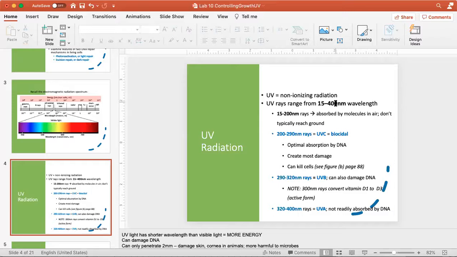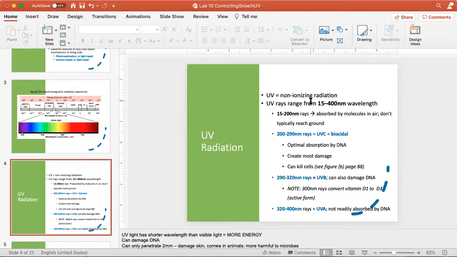Remember, nanometers. There are 1 million nanometers in a millimeter. So it's a very small wavelength. Remember, visible light starts at 400 and goes to 700. Ultraviolet is right below there, 15 to 400 nanometers in wavelength.